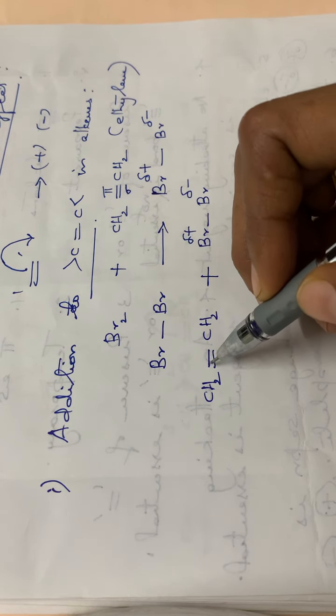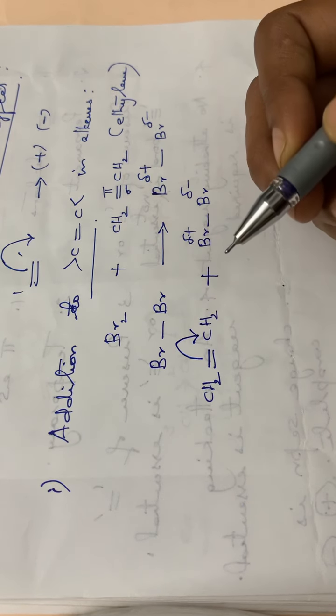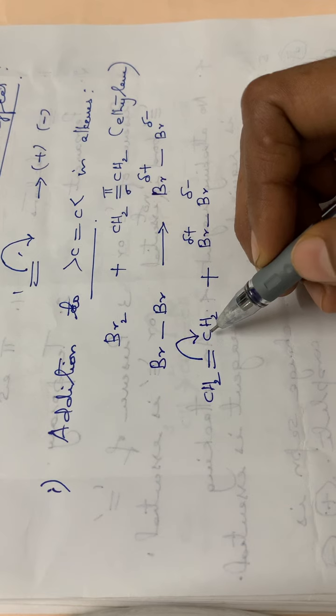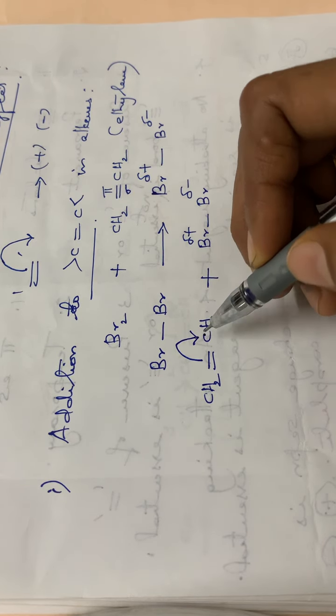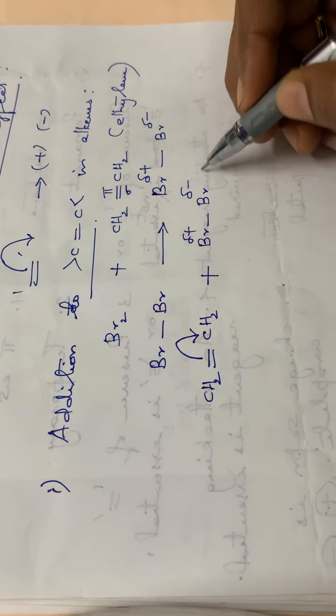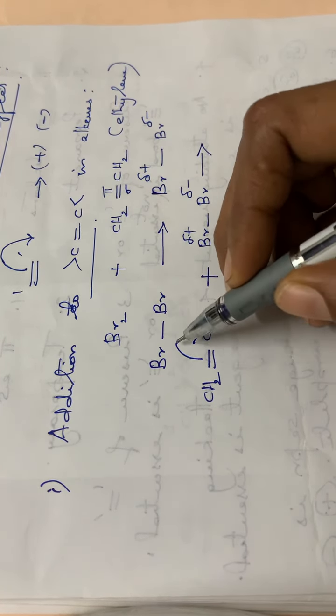This is the pi electron or the pi bond. This pi electron will be moving to this carbon atom. Both the pi electrons will be moving to this carbon atom. So this carbon atom will get a negative charge with 2 electrons and this carbon atom will get a positive charge. So the electron shift will be like this. It can be in the reverse order also.